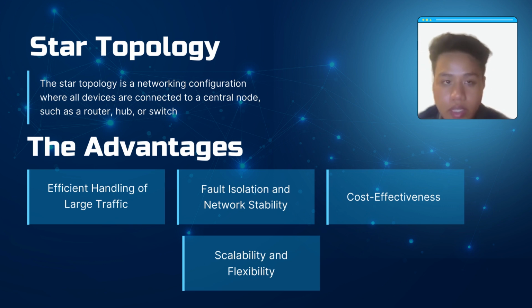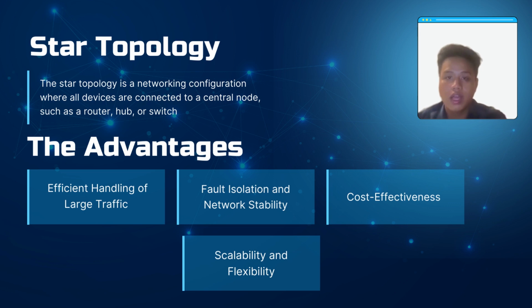Next, in a star topology a single device failure does not result in a network or data transmission outage. Each device is connected individually to the central node, which means if one device fails, the rest of the company remains unaffected.